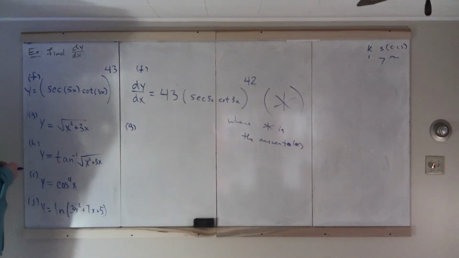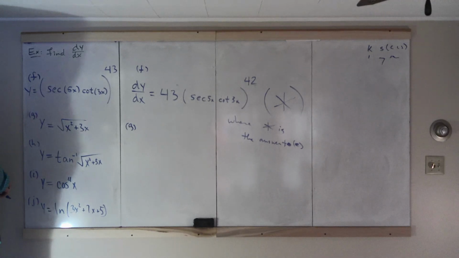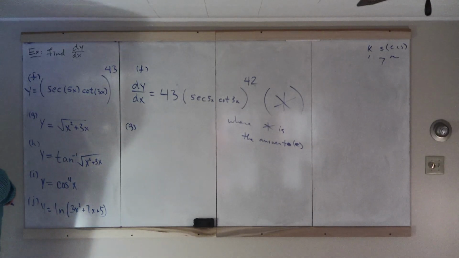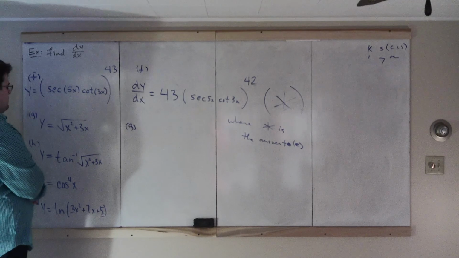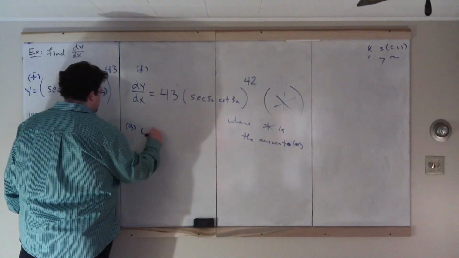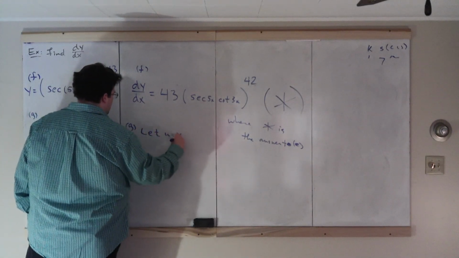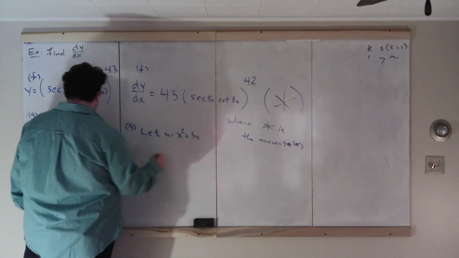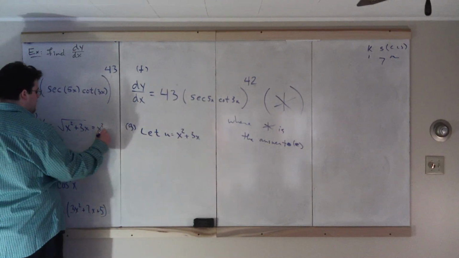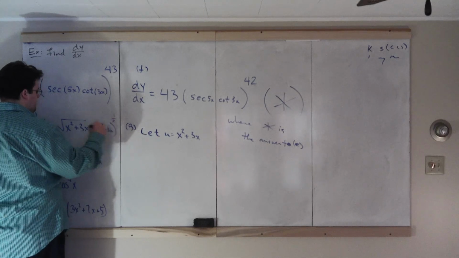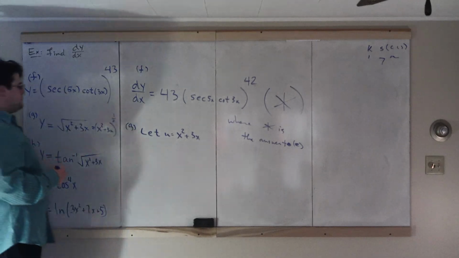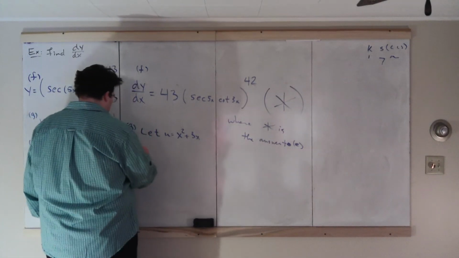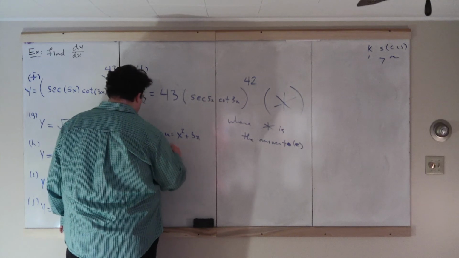Part G. Well, part G, we have y equals root x squared plus 3x. So we have something to the 1/2. Let's do a u substitution here, because we know how to take the derivative of something to the 1/2. So if we let u be that something, then y is u to the 1/2.